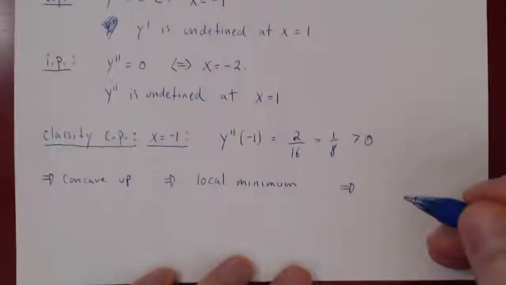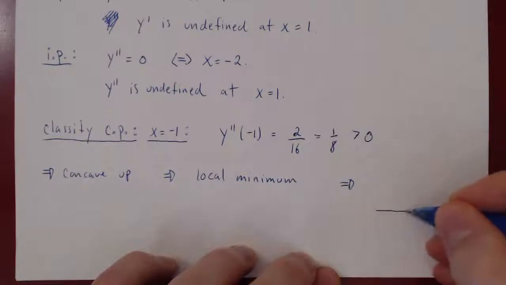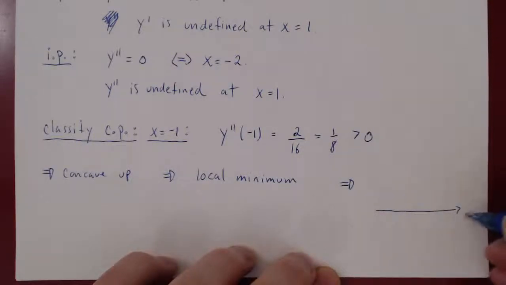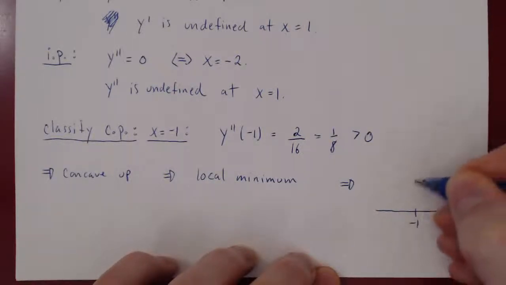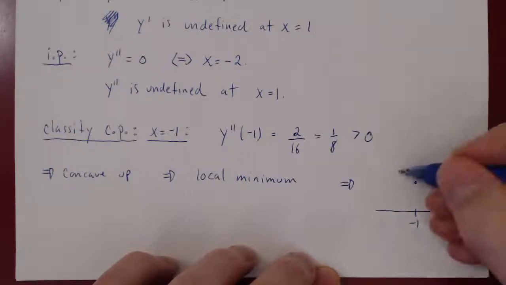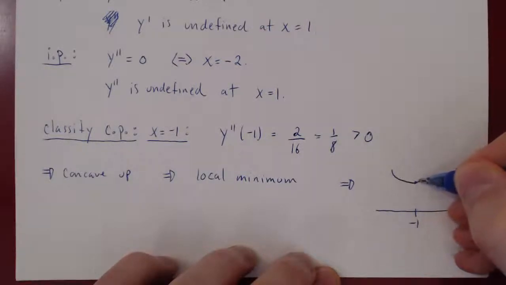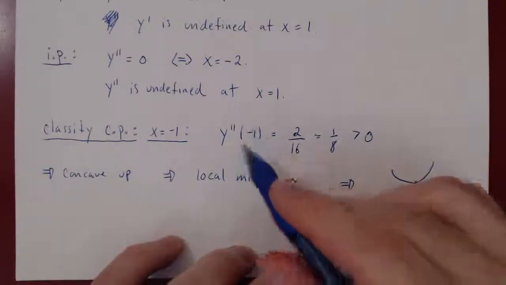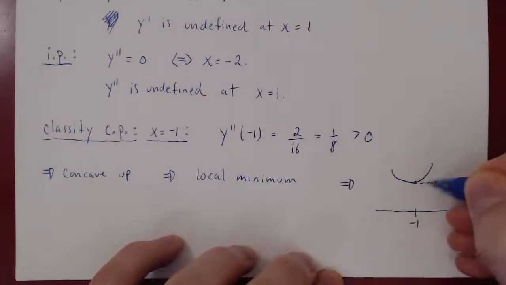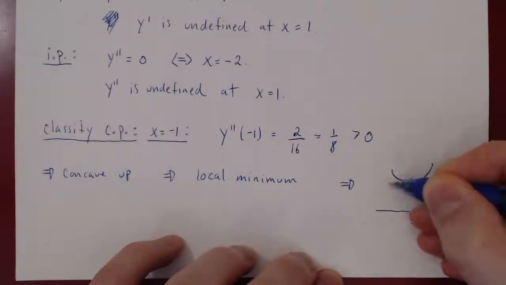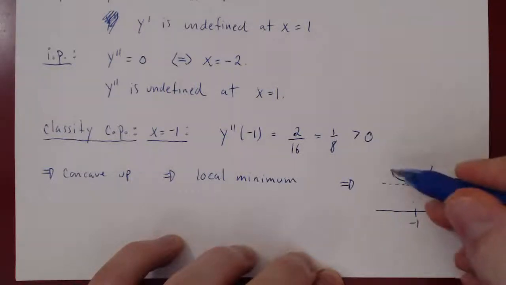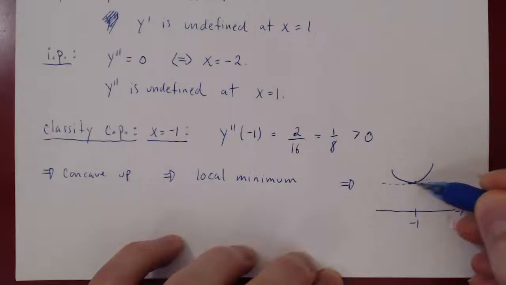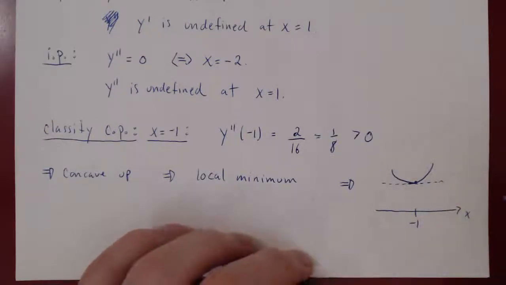So we know that if we look around x equals negative 1, we will have the curve looking something like this. It is concave up, and because at negative 1 the derivative was 0, we know that the tangent line must be horizontal at that point, and so the curve is flat at x equals negative 1.